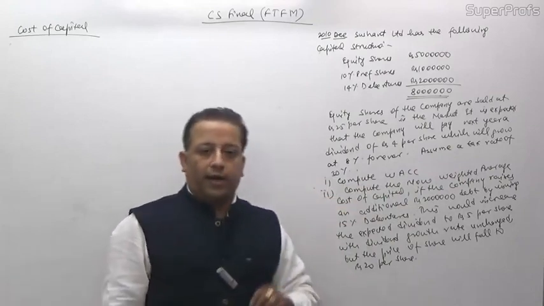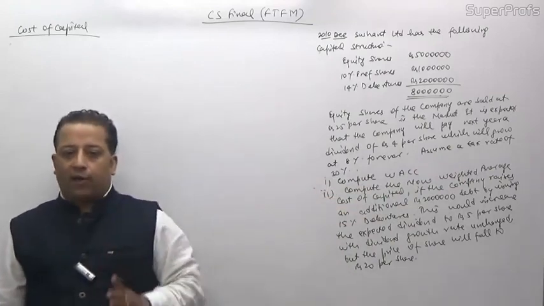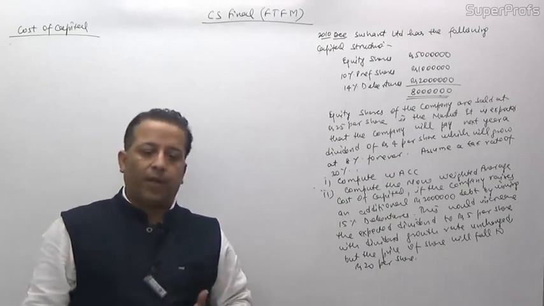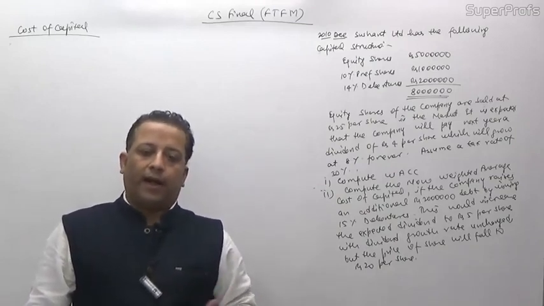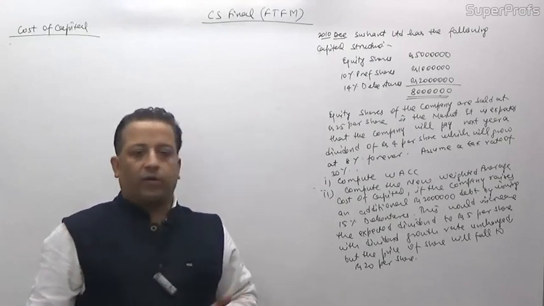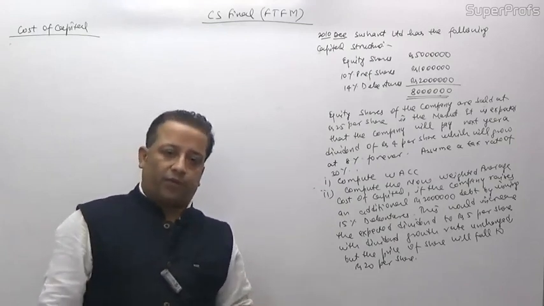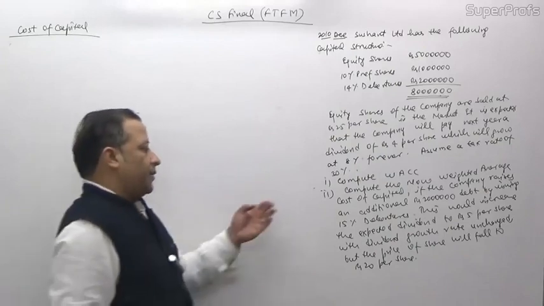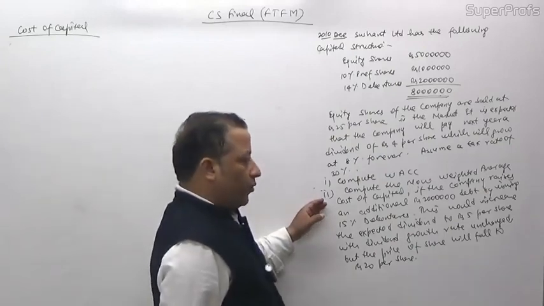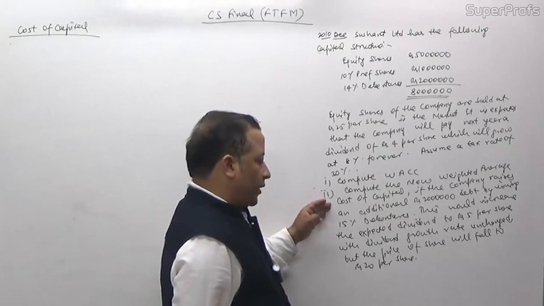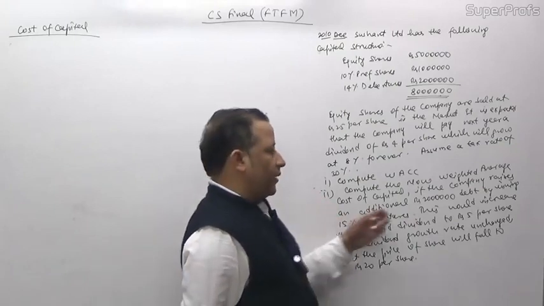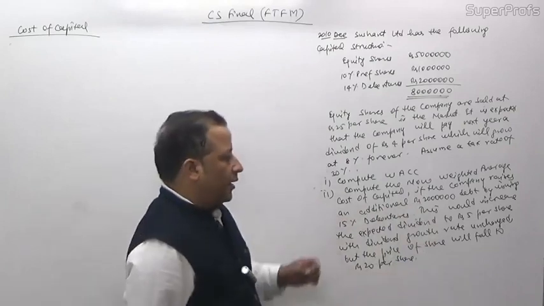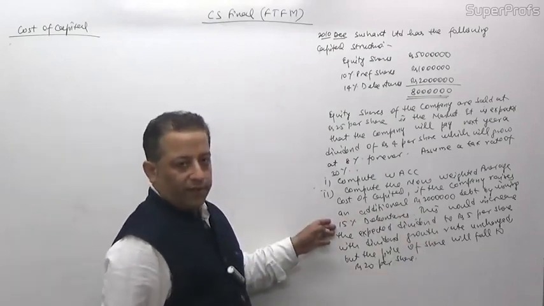First of all, I need to calculate the weighted average cost of capital. So for the purpose of computation, I have to calculate the cost of different components of capital. And in the second part, compute the new weighted average cost of capital if the company raises an additional rupees 20 lakh debt by issuing 15% debentures.